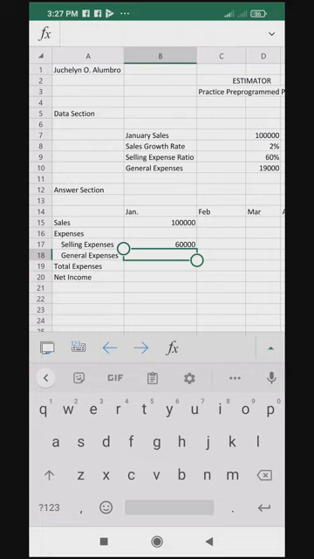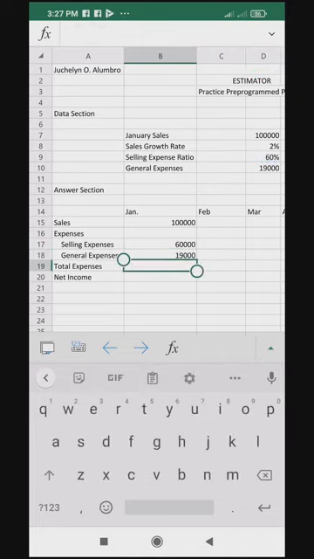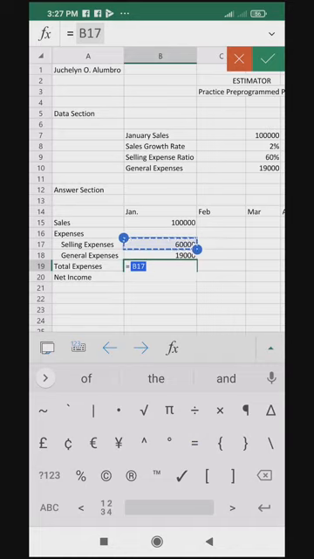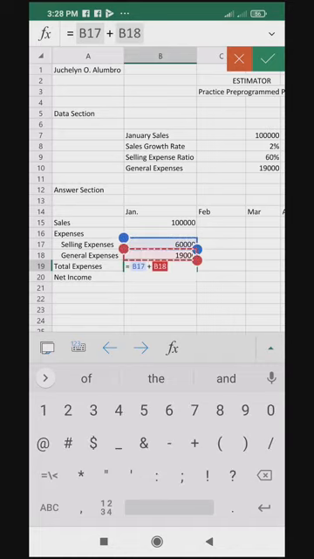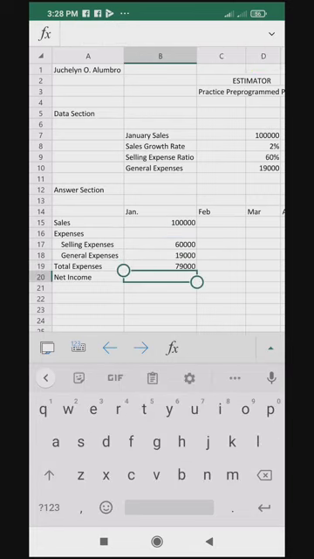The general expenses is equal to D10, or 19,000. So next is the total expenses, equal to B17 plus B18, equal to 79,000.